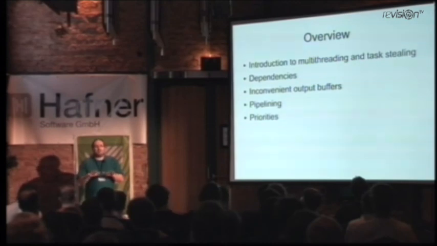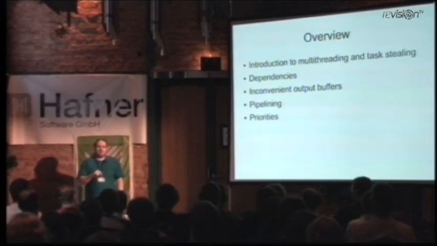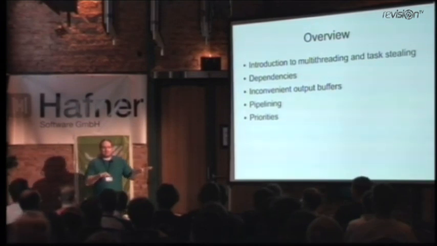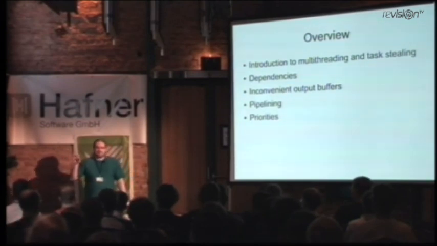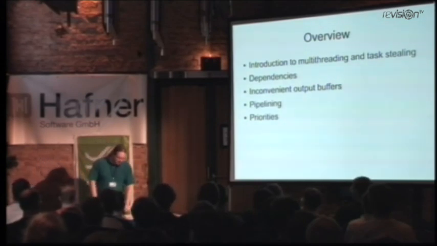And then you can create hundreds or thousands or tens of thousands of tasks or jobs. I would call them tasks here. And you need an engine that distributes all those tasks to the hardware threads. We call it a task scheduling engine. And I'm going to talk about how to build such a task scheduling engine in a specific way.